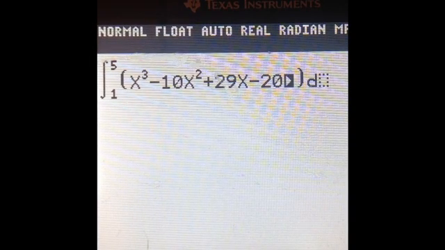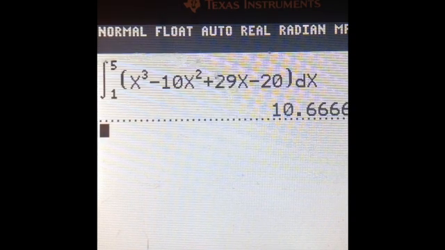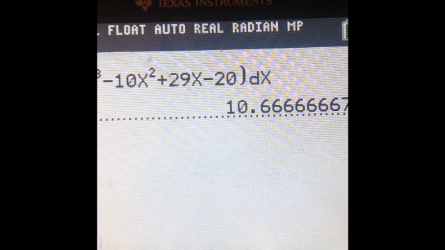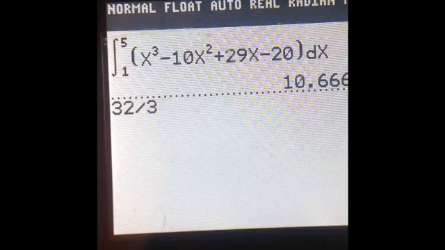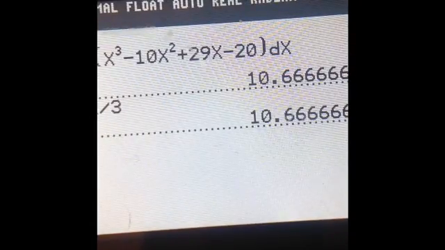And then you're going to put dx, and you're going to get 10.666, which, if you look on your paper, is the same thing as 32 thirds.